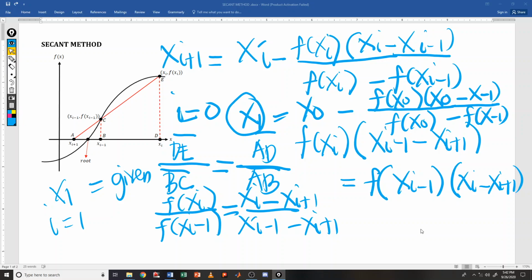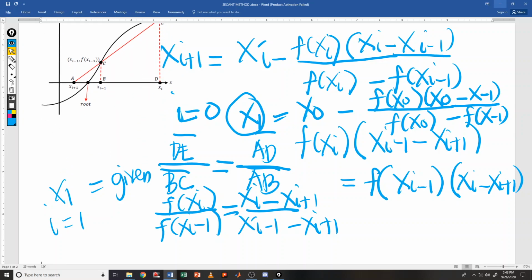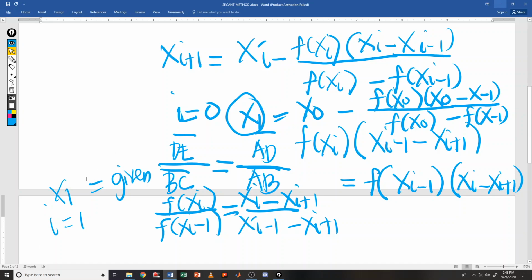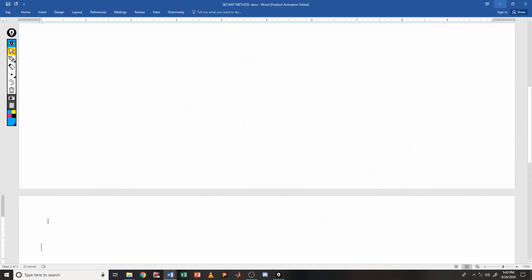Okay, let's have some examples. Let us have an example in the secant method.